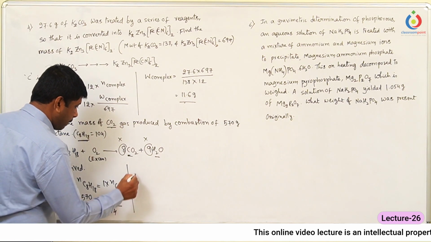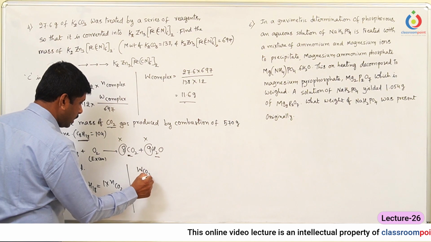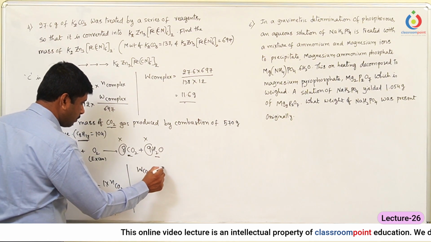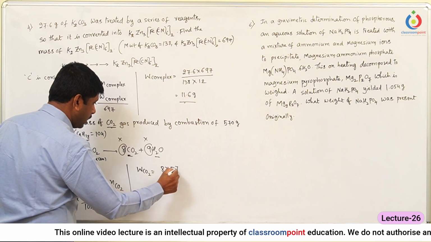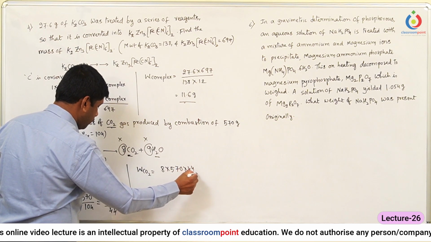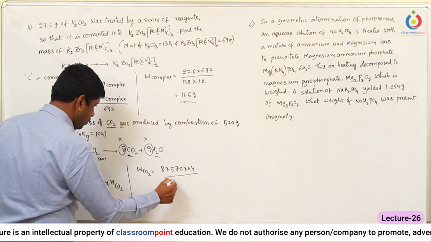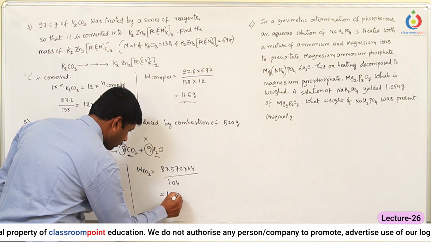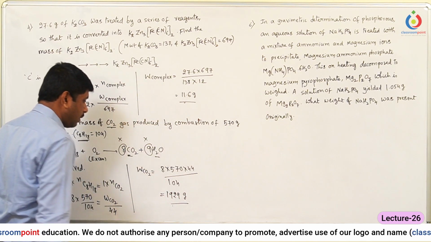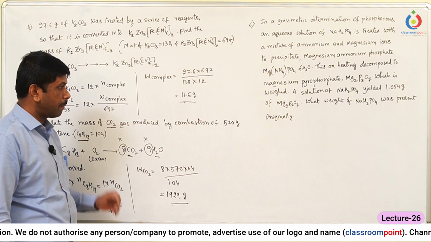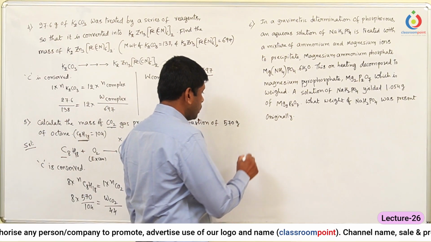So the weight of carbon dioxide, by cross multiplication, is 8 into 570 into 44 divided by 114, grams of carbon dioxide is going to be produced. Now let us see another question.